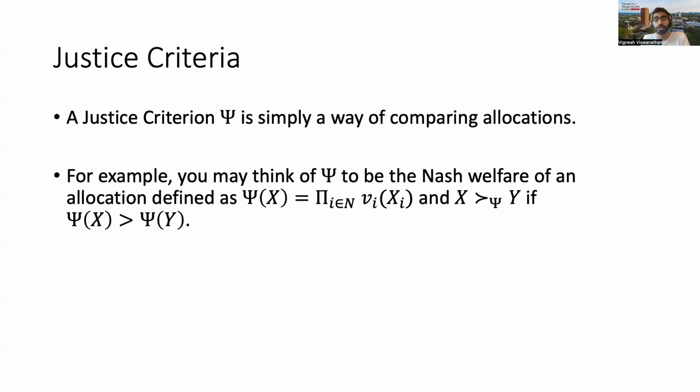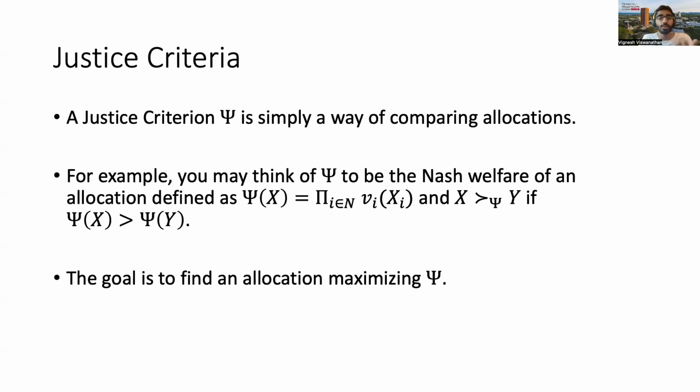Allocation X is better than allocation Y if allocation X has a greater Nash welfare than allocation Y. This is essentially an abstraction of what a fairness objective is. You can extend this to max-min share, envy-freeness, leximin, and so on. The general goal here is to find an allocation that maximizes psi, the justice criterion that you input. This could be finding a max Nash welfare allocation, an envy-free allocation, a weighted Nash allocation, and so on and so forth.